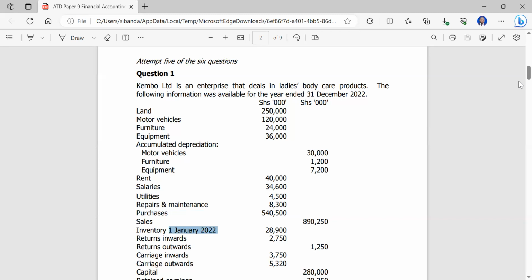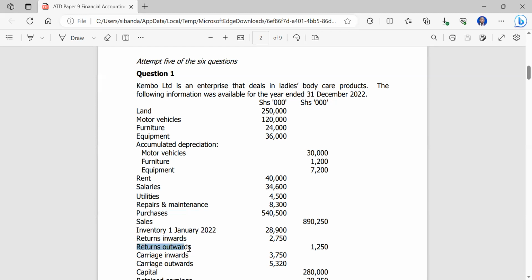Because the statement of financial position looks at items at the end of the financial year, and this is an item at the start of the financial year. So for the statement of financial position, we only use the closing inventory. So that is important.